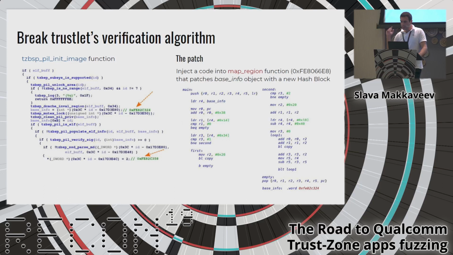On the right side is my payload, which I used to overwrite the base info object after verification. We could inject this payload in an unprotected by hardware map region function, and QCOS will call this function many times, exactly after signature validation of the trustlet and before comparison with the actual hash values.